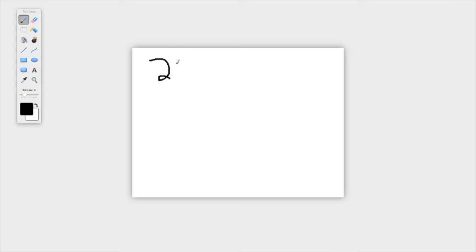So 2 W net plus m vi squared equals m vf squared. So we can divide both sides by m.